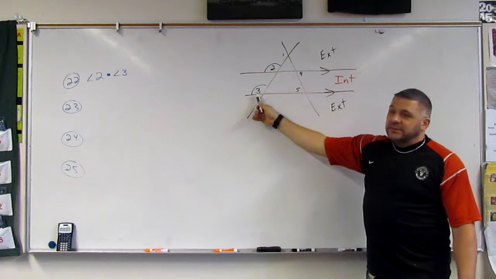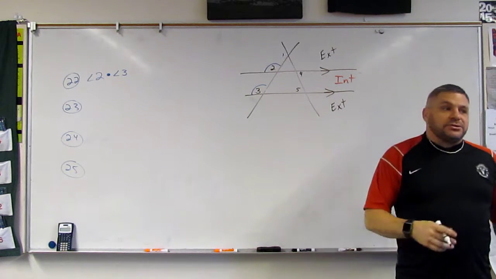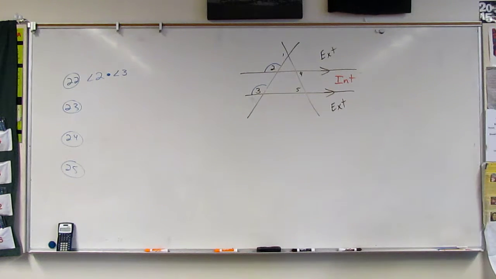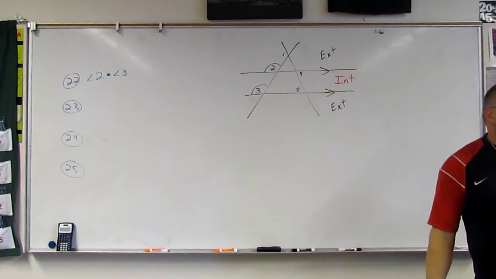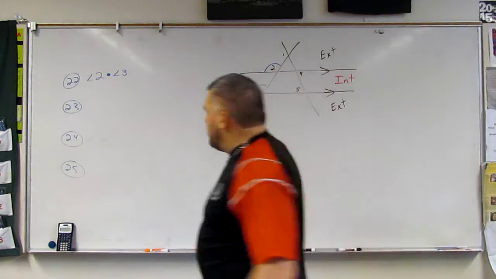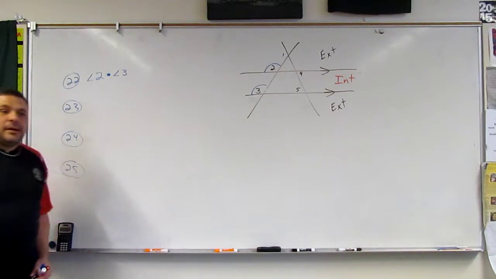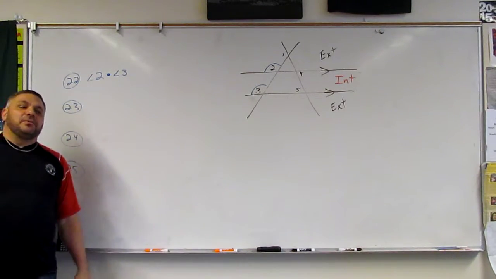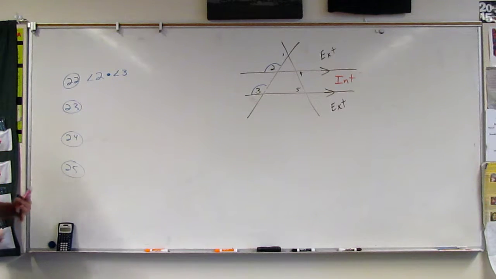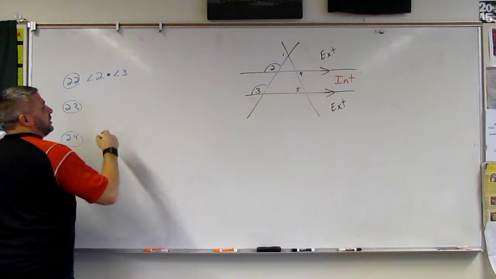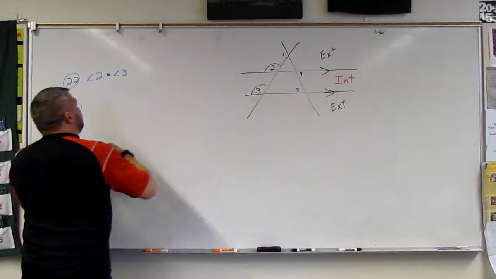Angle 1 is inside. There's only one thing that's both inside and outside and on the same line. Interior or same side corresponding? Good. We just call them corresponding. Okay? These are corresponding angles.